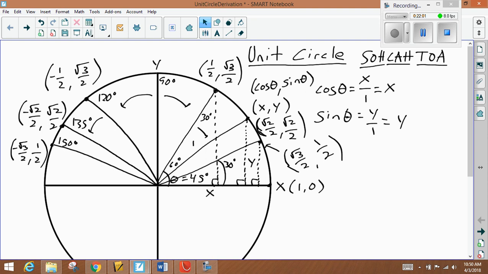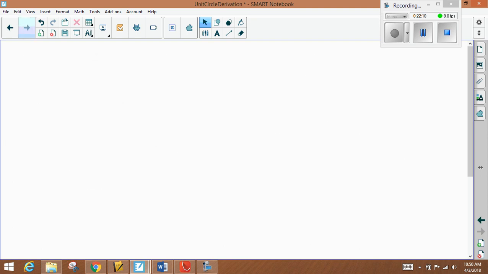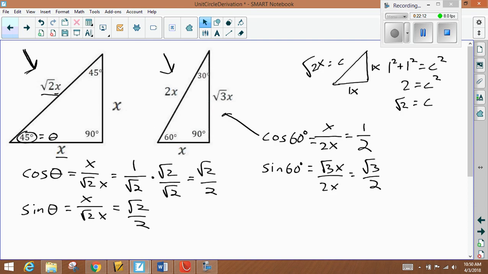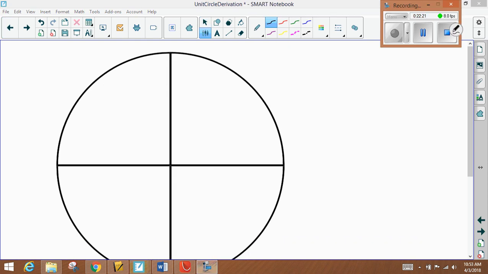And so the next element to our unit circle is breaking it up into pi radians. And that's what we're going to do right now. You guys ready to do some fraction work?